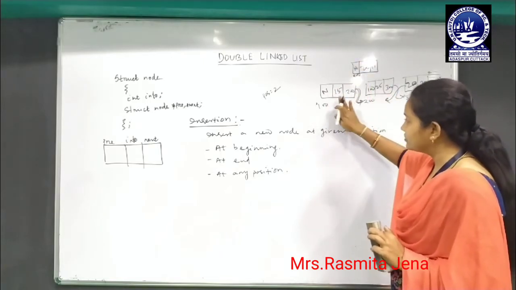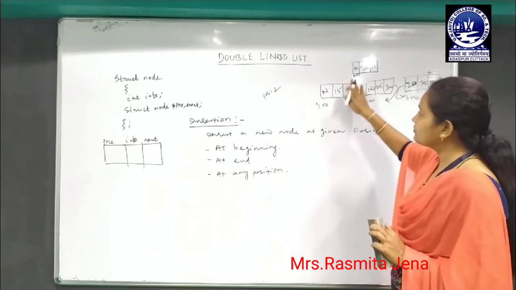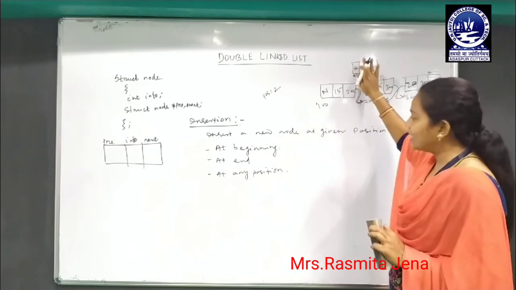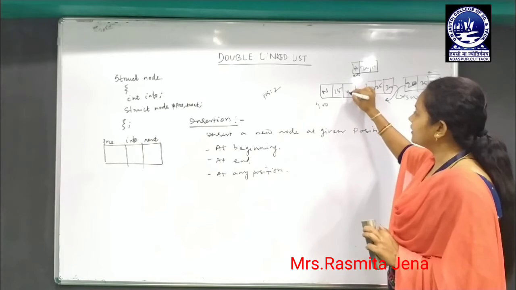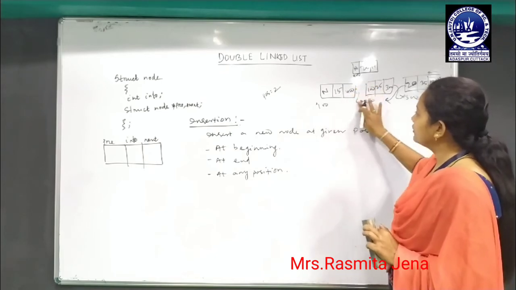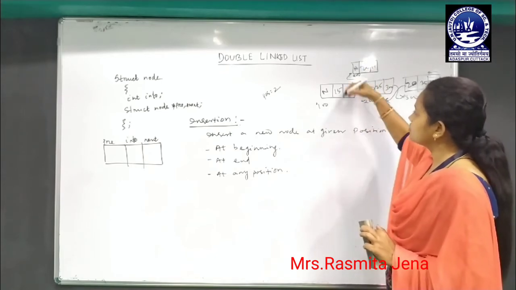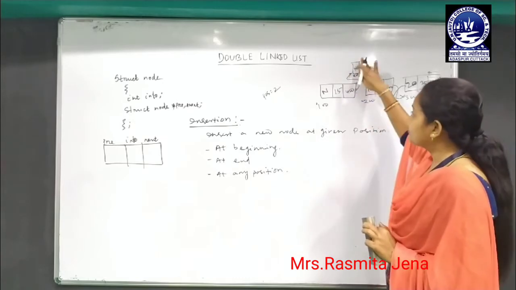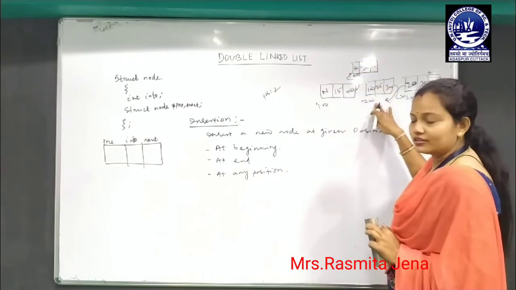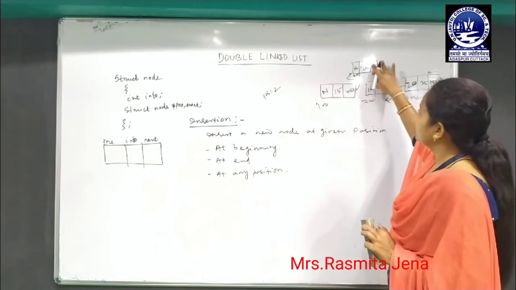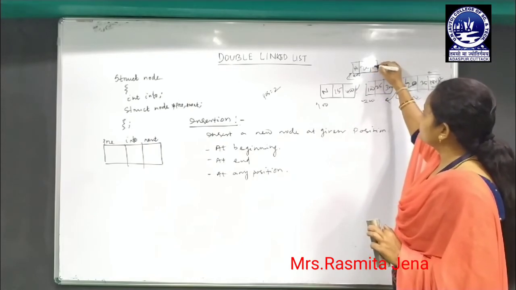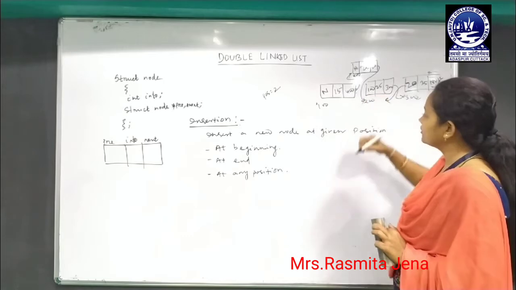That means this node will be visited first, then this node will be visited. So, for that we will store 400 at this location, so the link will point to this location. And after that this node will be visited. That means we will store 200 in this location, so that this node points to this location.